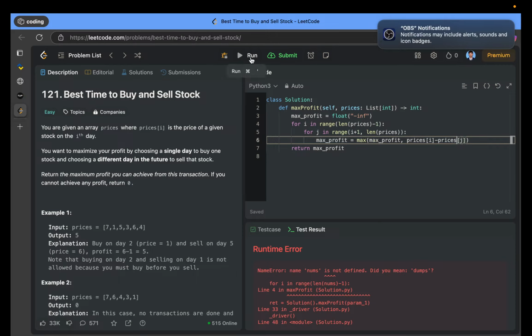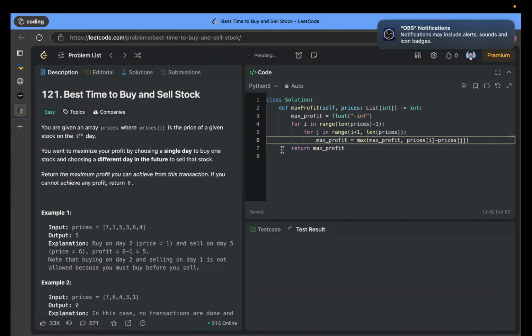I don't see any problem. Wow. Output 6 and expected 5. My output is 6 and expected is 5.